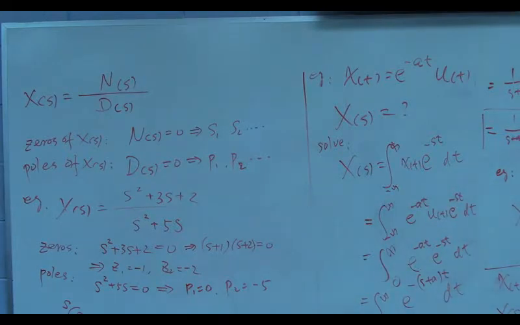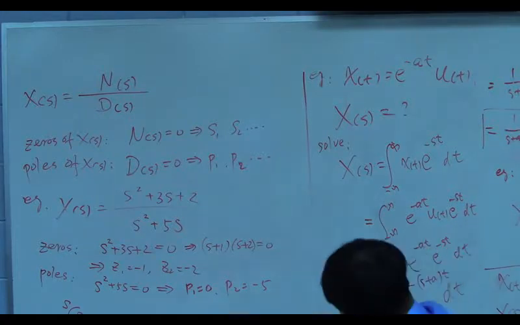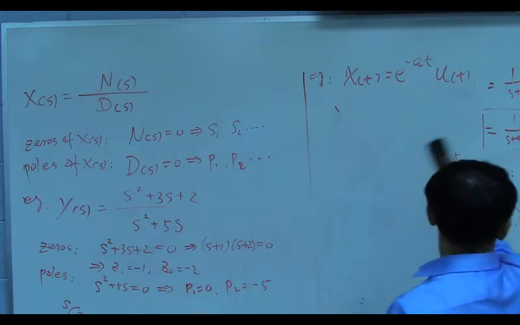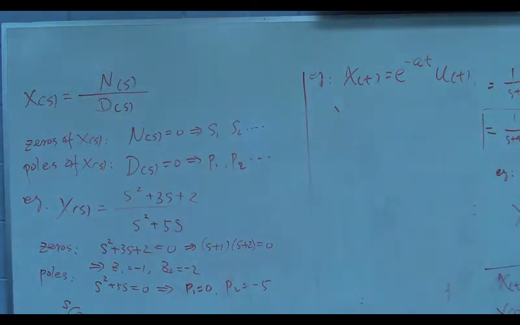That is how we calculate the zeros and the poles of a Laplace transform if we are given that Laplace transform. Alright, now look at this example.